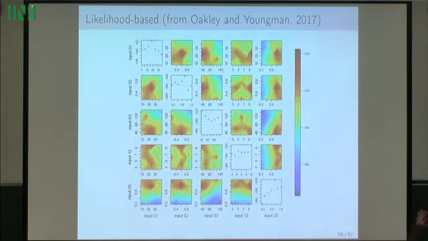If you do it with likelihood, you can see that you get regions with high likelihood, regions with much lower likelihood that you can exclude, but you don't necessarily know that you can't still be quite a long way off from fitting the data here. It's harder to know how far down you should go. So you can do it, but it's not as straightforward as in the implausibility approach.